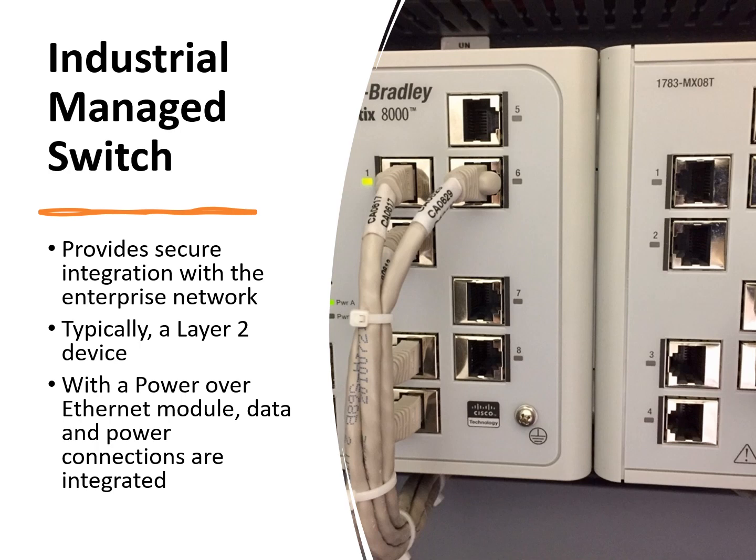It allows easy setup and diagnostics from within the Rockwell Automation integration architecture using tools familiar to manufacturing professionals. While the Stratix 8000 is a Layer 2 switch, the next in line switch, the Stratix 8300, is a Layer 3 switch that supports routing between subnets and VLANs.